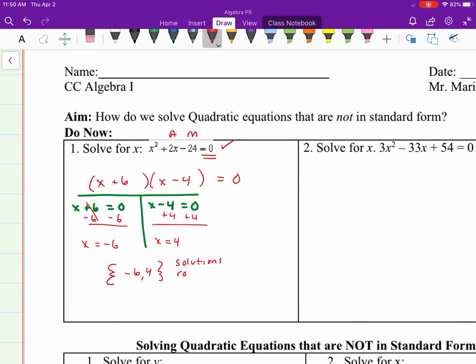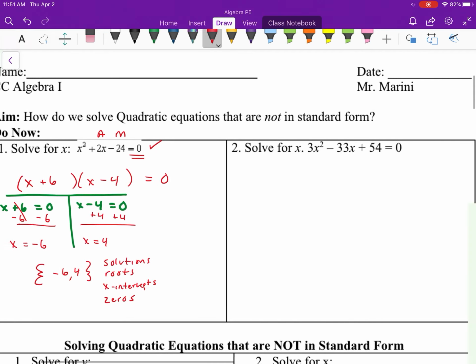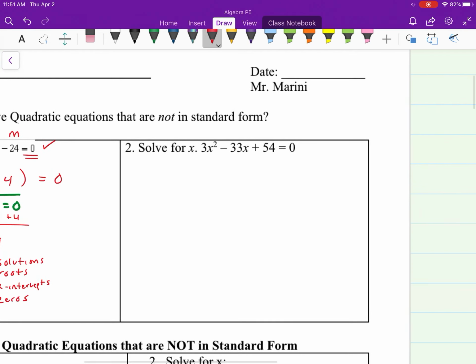And remember, these are not only called solutions, they're also known as roots. They're also known as x-intercepts. And one more word I'm going to throw in there, they're also known as zeros. So all of those things are synonyms for what you call the answers to a quadratic equation.